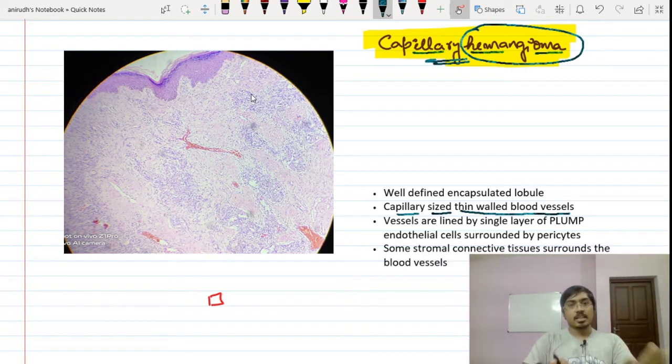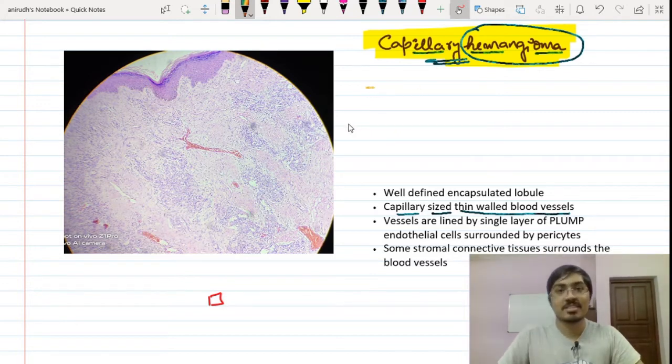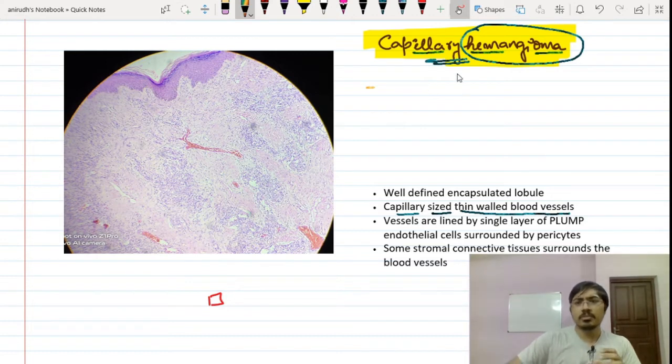Now let's actually talk about the sites, and we can expect questions on that. Sub questions, we don't know how difficult the sub questions will be. So yes, we know that hemangioma as such is going to occur most commonly in newborns and children, isn't it? It is that kind of situation that we can think about whenever we hear the word hemangioma. So yeah, tumors containing blood vessels are very typically seen in very young children.